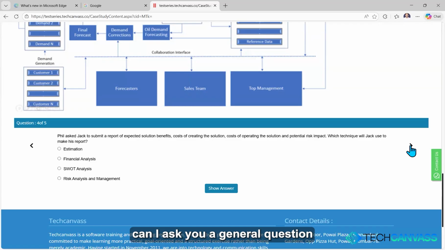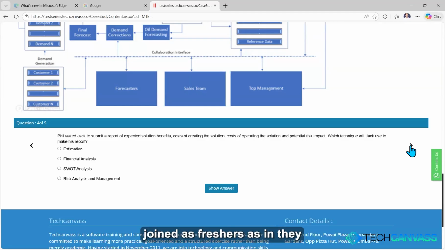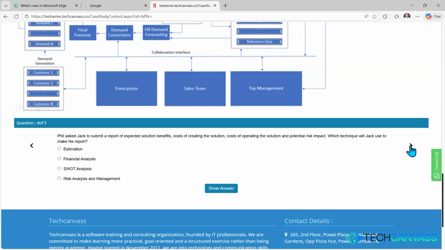Harsh, can I ask you a general question? How is the market for a BA fresher? Is it still good? It's good. In fact, there have been students from Techcanvass who have joined as freshers. Freshers, as in they did the course, they got their ECBA certification, they got placed.